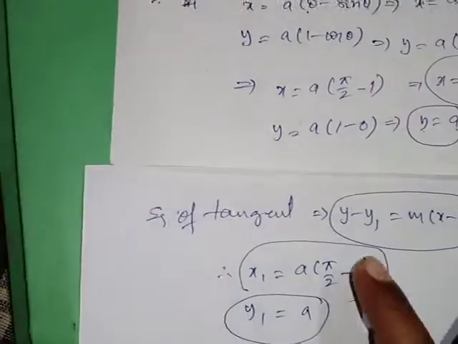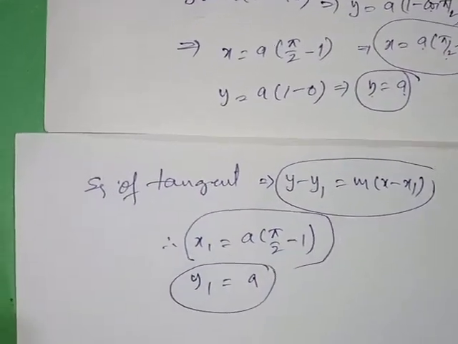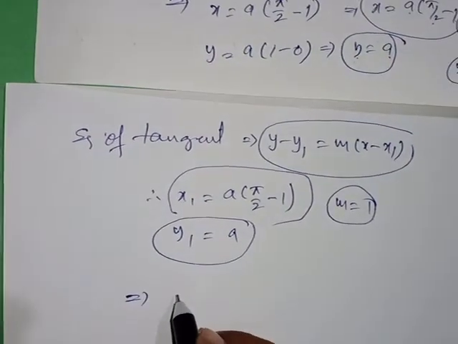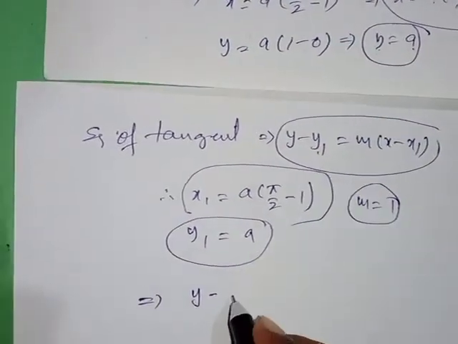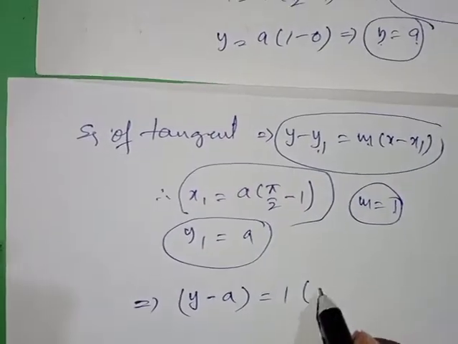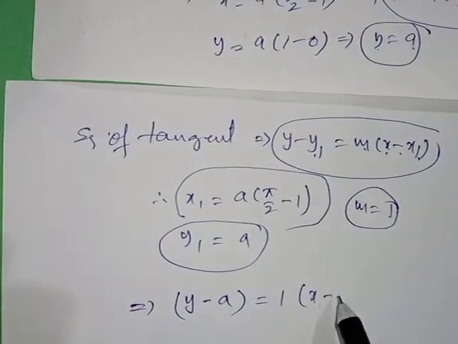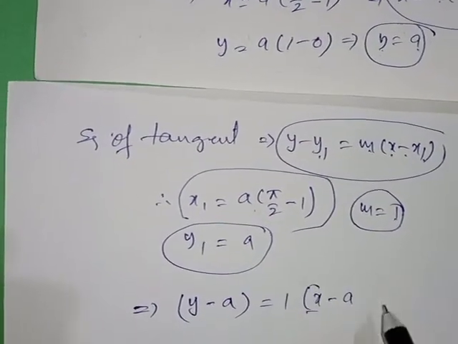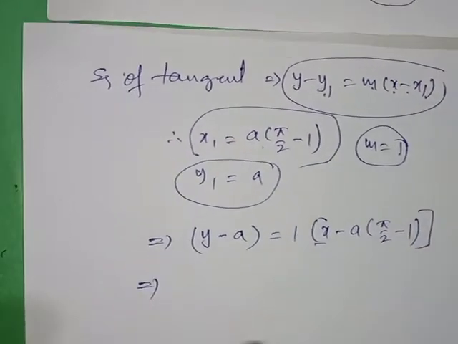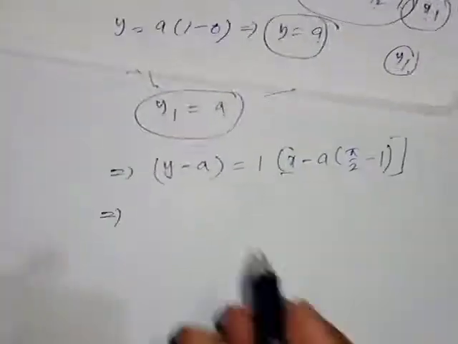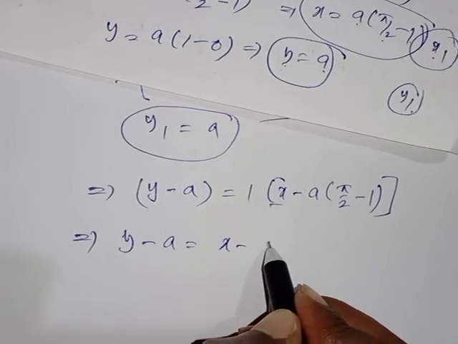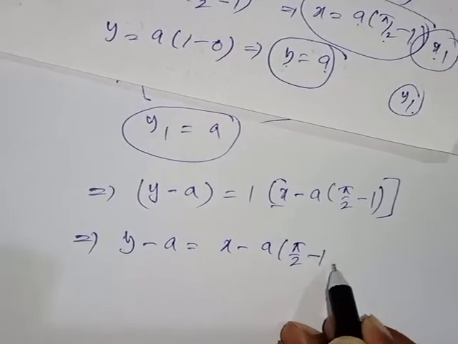Substitute these values in the equation of the tangent, and m is equal to 1. y minus y1, whose value is a, is equal to m, whose value is 1, into x minus x1, whose value is a into pi by 2 minus 1. That is, y minus a is equal to x minus a into pi by 2 minus 1.